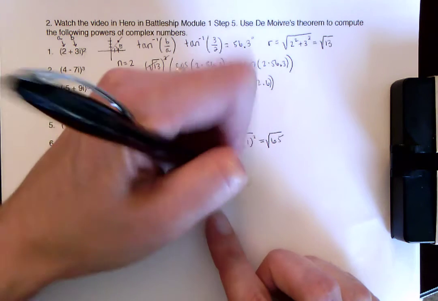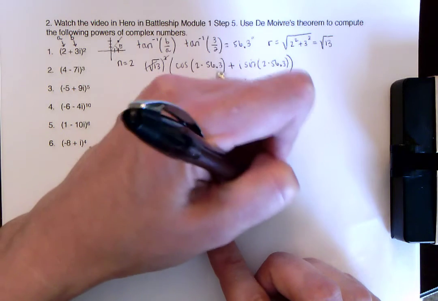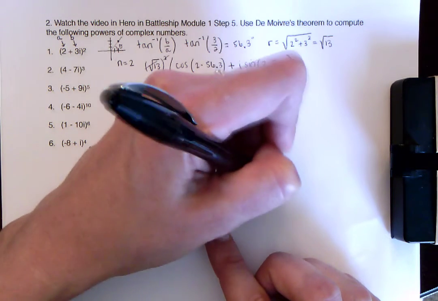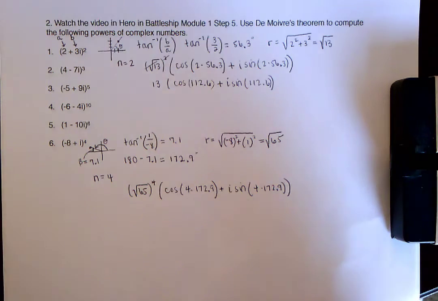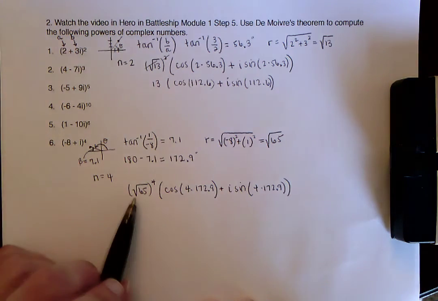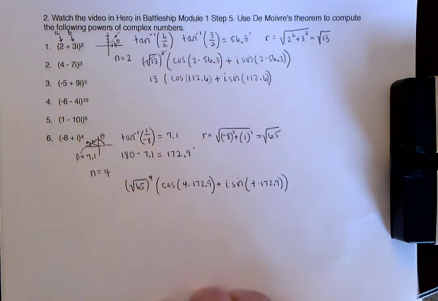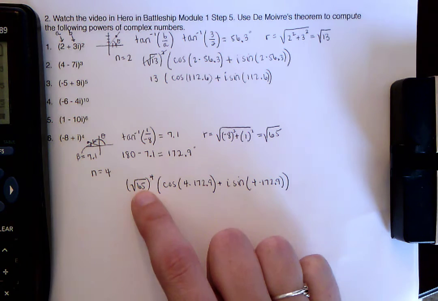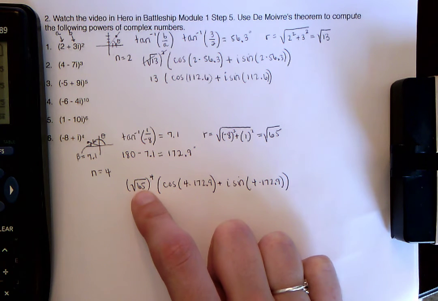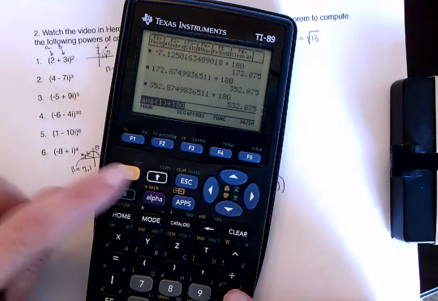Plus i, and then sine 4 times 172.9 degrees. So we just simplify this. If you want to do it on your calculator, if I raise it to the 2nd power, that'll be 65. It'll undo that square root. And then if I square it again, that's like 65 times 65. But I'll show you on here.